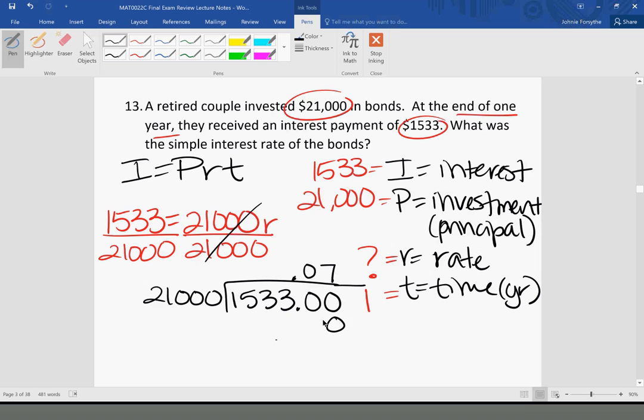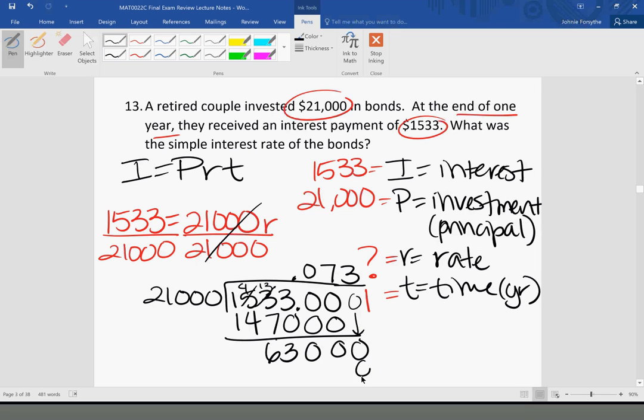So 0, 0, 0, 7, 14, 0, 0, 3, borrow 6. Okay, cool. Now we're going to add a 0 and do it again. There we go. 21,000 divided into 63,000 3 times.